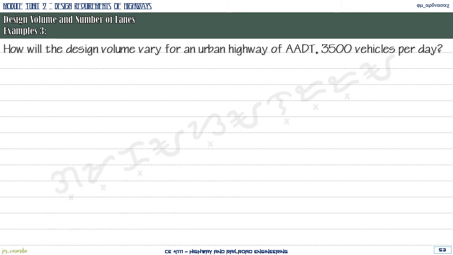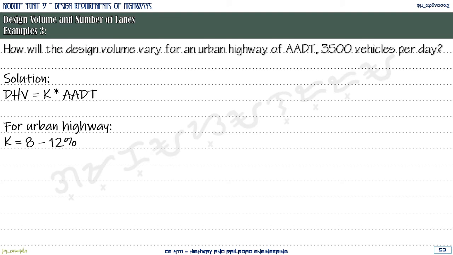So for the next example, how will the design volume vary for an urban highway of AADT equal to 3,500 vehicles per day? So for our solution, we'll just be solving the daily or design hourly volume, which is K times AADT. And for the values of K for an urban highway, as we have discussed, it is equivalent to 8 to 12%.